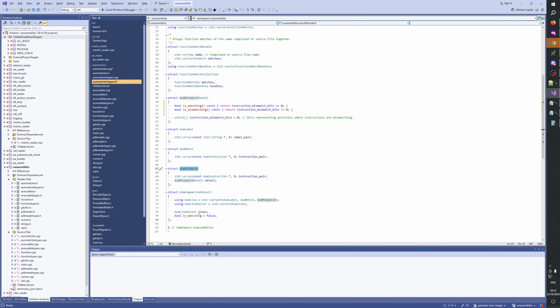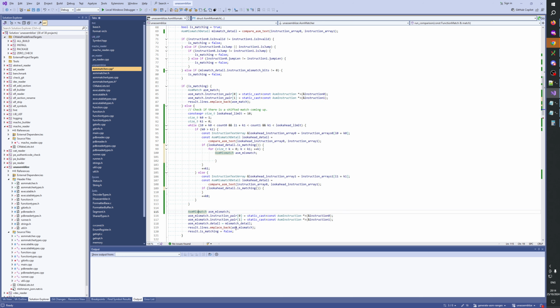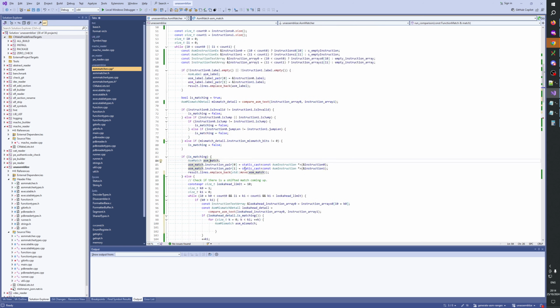What is in this mismatch? Yeah, let's do here std::move. Don't think it really makes a difference, but.